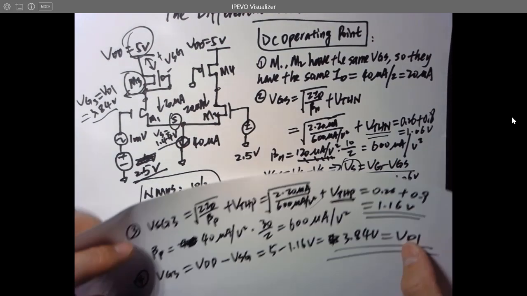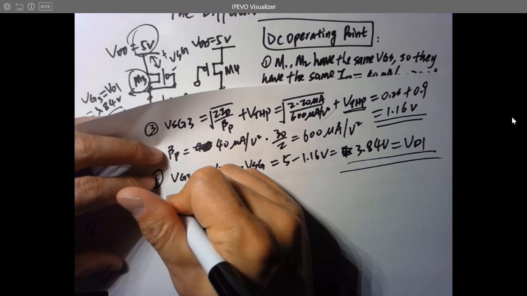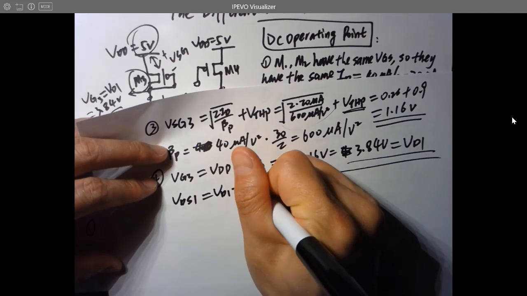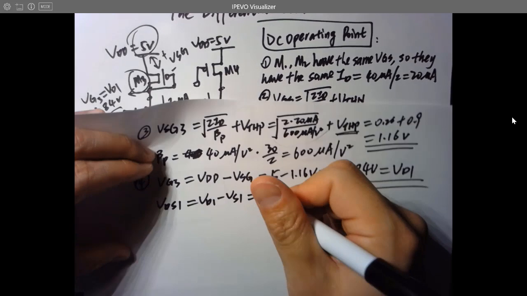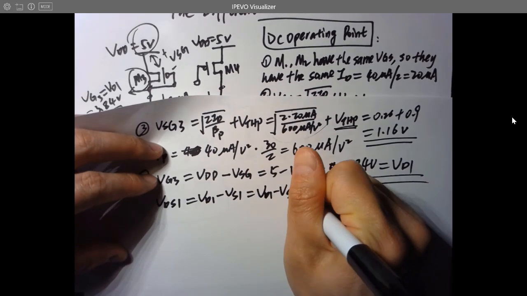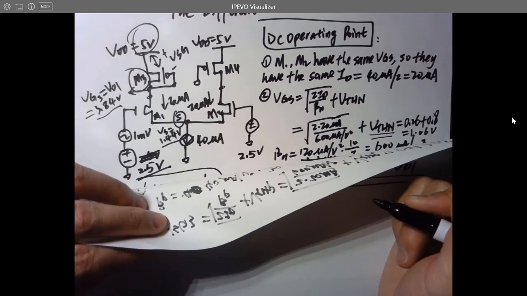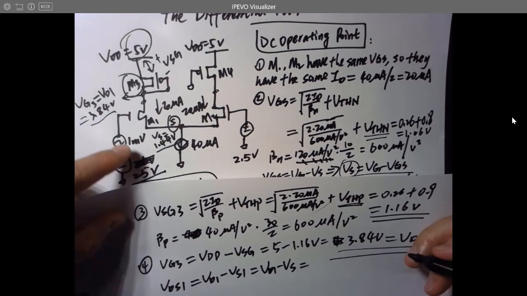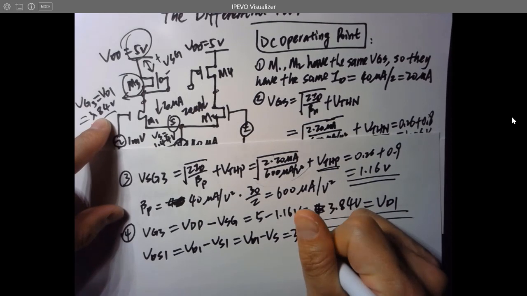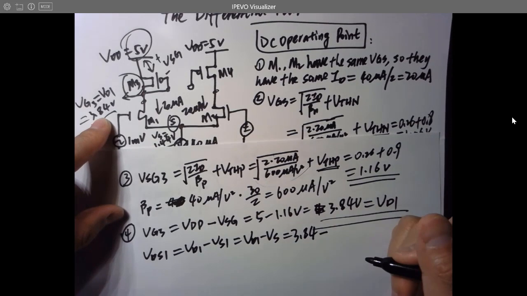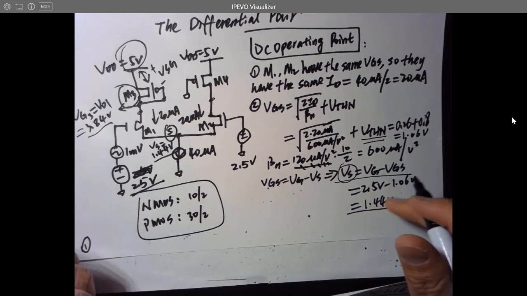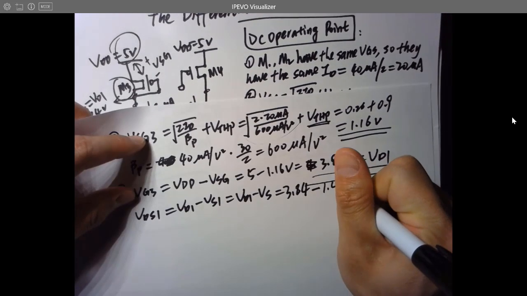Yeah, let's write it down. So VDS1 equals VD1 minus VS1 equals VD1 minus VS, because VD1 is 3.84 volts minus VS. VS is 1.44 volts.